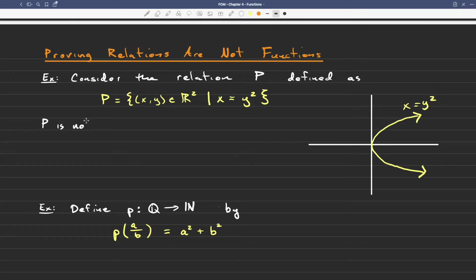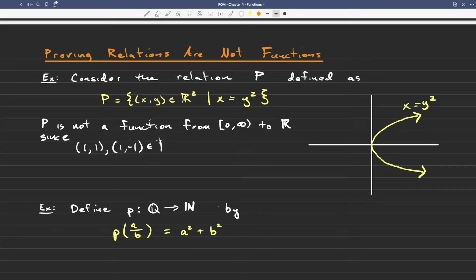P is not a function from, I guess the natural domain for this relation is 0 to infinity, just looking at the graph, to the real numbers, since we see that (1, 1) and (1, -1) are both elements of this relation P, but the y components there are not equal.